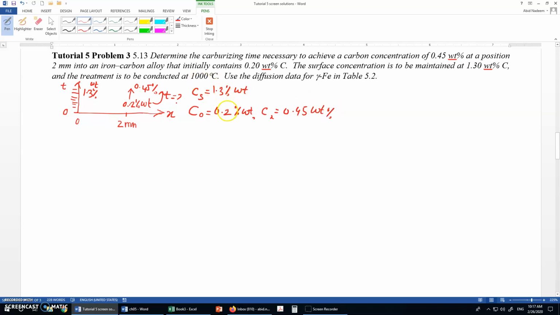Well, the normal convention is weight percent.